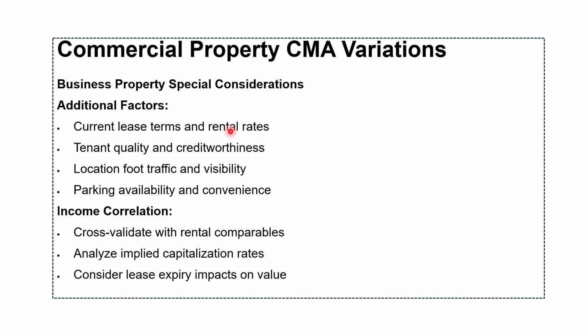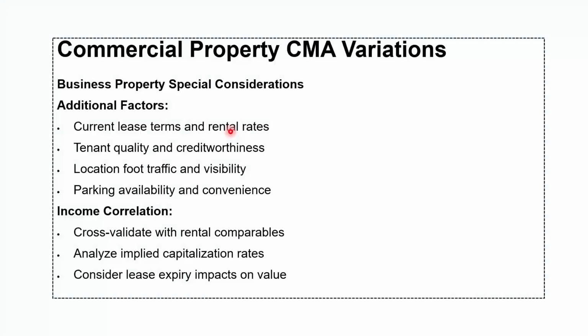What is the current lease term and rental rates which are there? Then what is the tenant quality and creditworthiness? These are features which are specific to commercial properties. So tenant quality, if it's a marquee tenant, then the overall property value increases, and creditworthiness also increases.